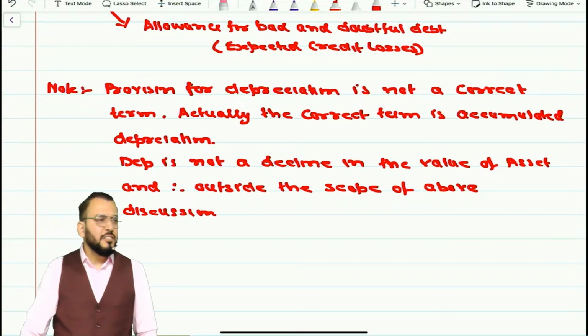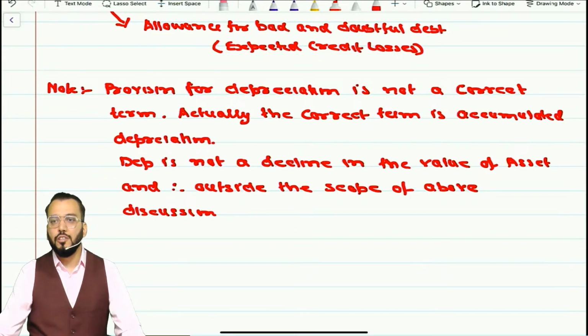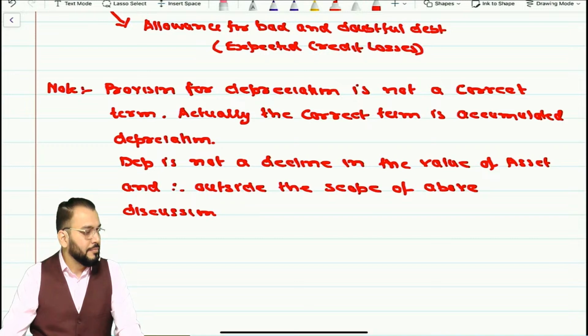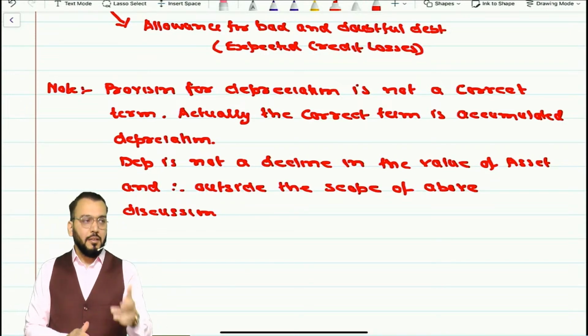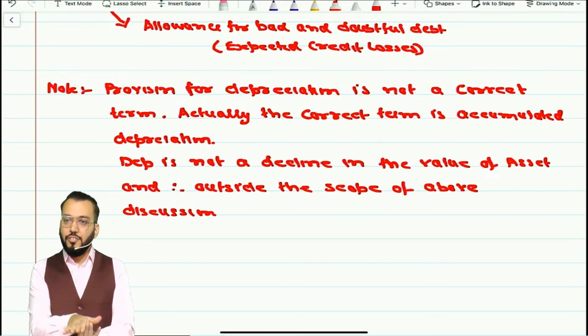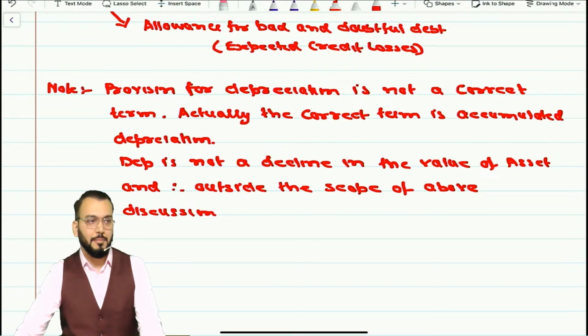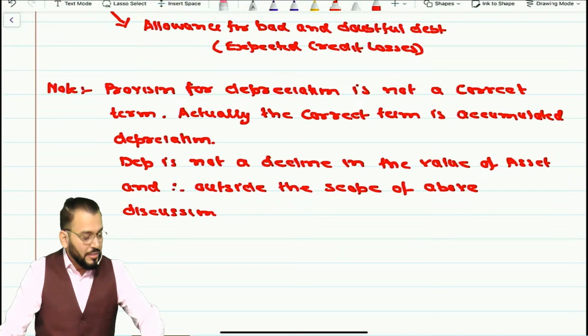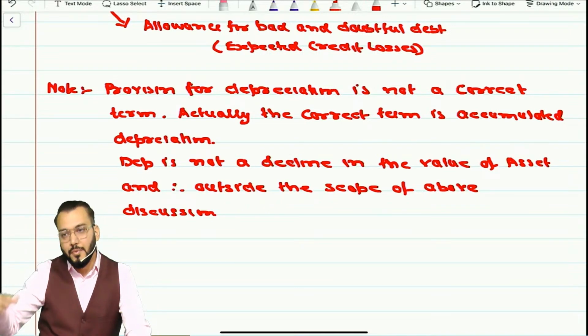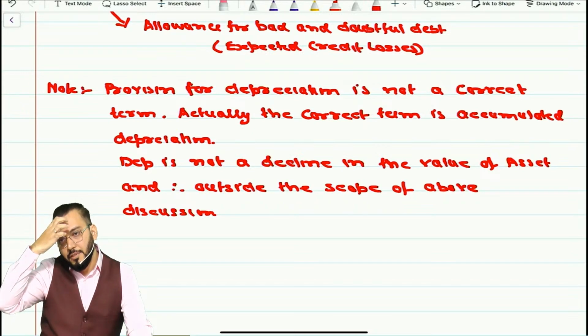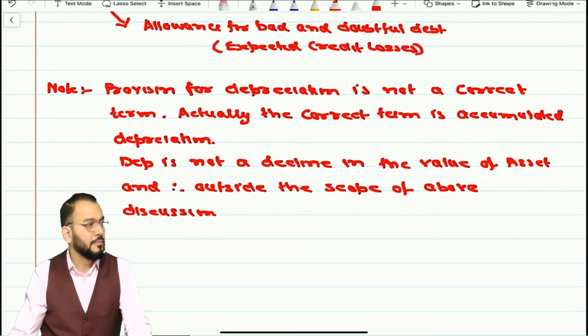If you want to write down, it is due to the matching concept, not due to the conservatism principle. Correct? With this, I will stop contingencies. We'll move toward Ind AS 37. Now we'll start Ind AS 37. If any doubt, you can ask me.